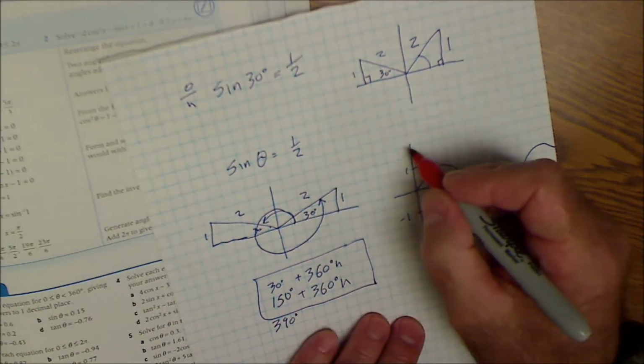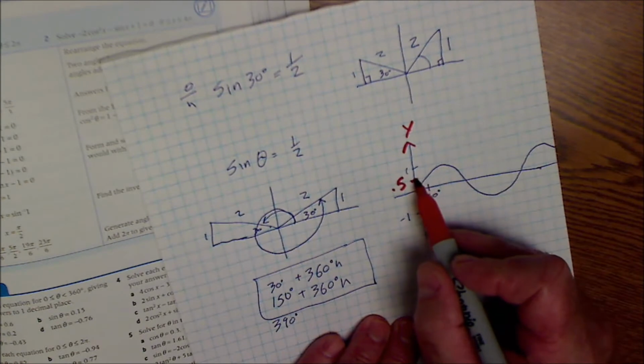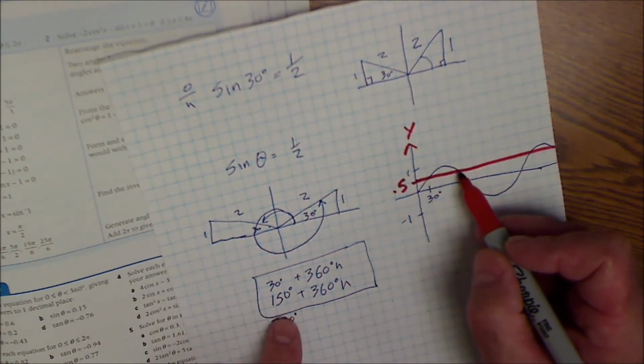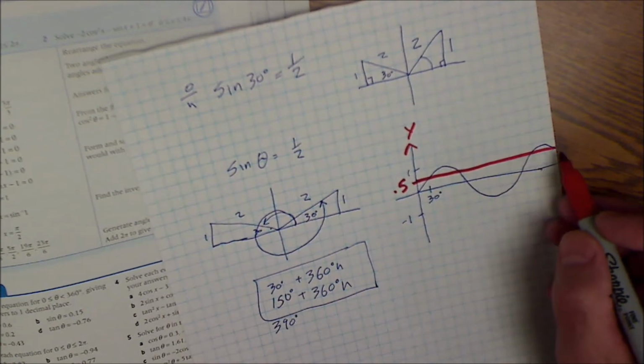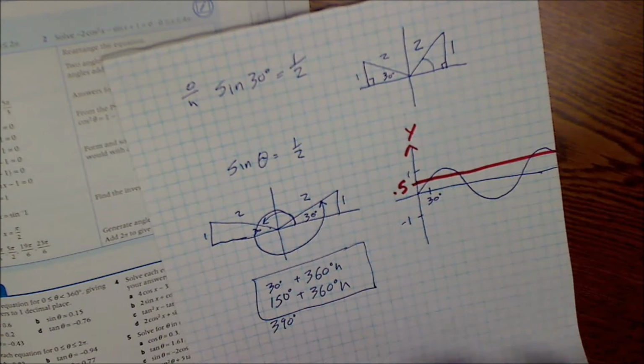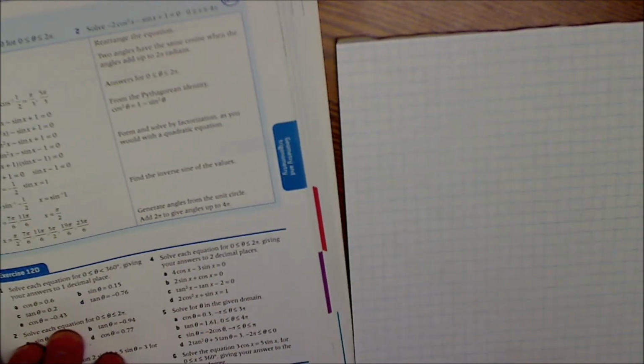However, if I'm given a y value, a dependent value of 0.5, what's the solution? Well, it's all of these values, the 30, the 150, the 390, the 510, all of those are my solutions. So that's maybe one of the biggest ideas in solving these equations.